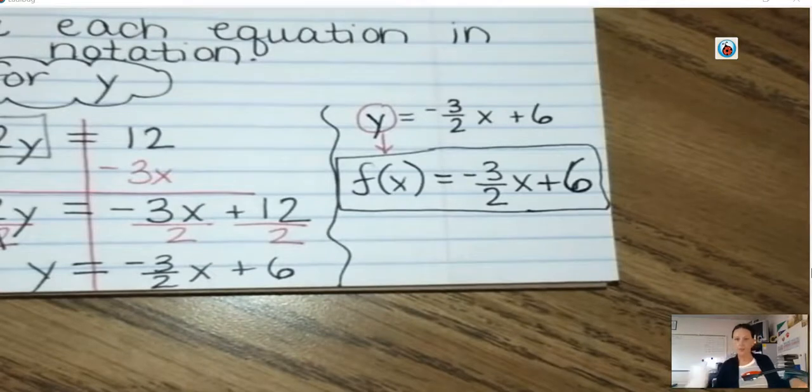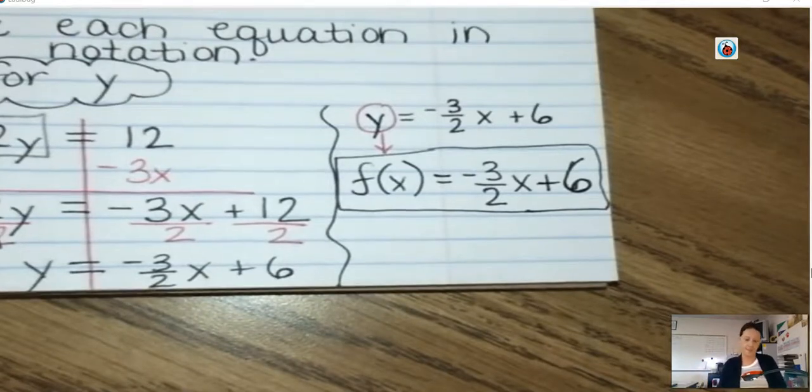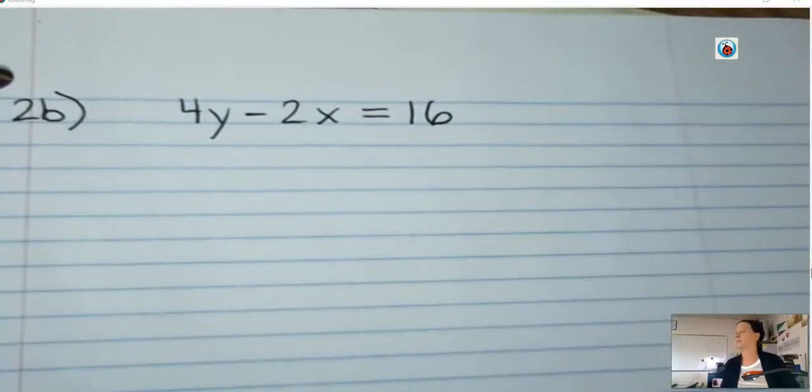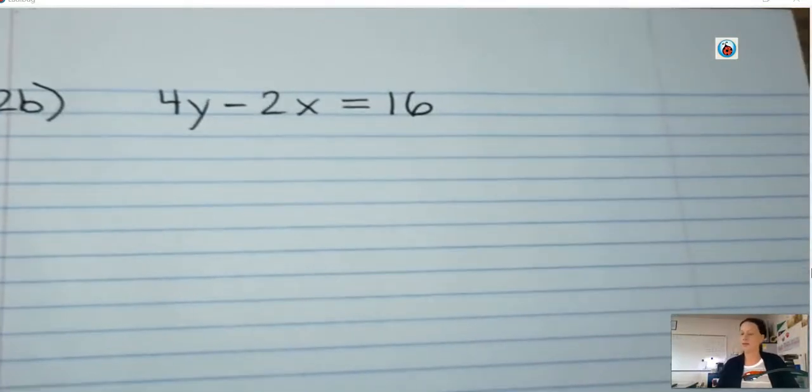Okay, let's try another one. This is 2b. 4y minus 2x equals 16. Draw a line going down from your equal sign.